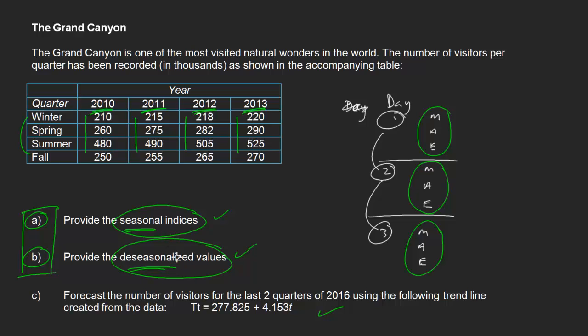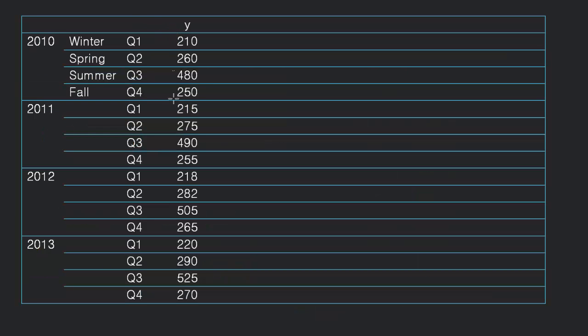To keep track of it, what I've done is I've taken my data table here, and I've changed the format a little bit. It's still all the same data. Here's all of my observations in the Y column. So these 16 values here, these are the 16 values that were in that original table. I've still kept track of year 2010, 2011, 2012, and 2013.